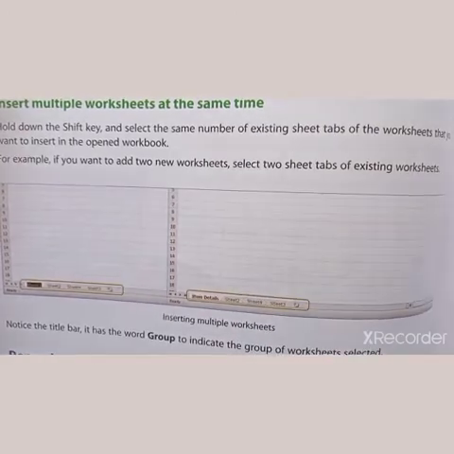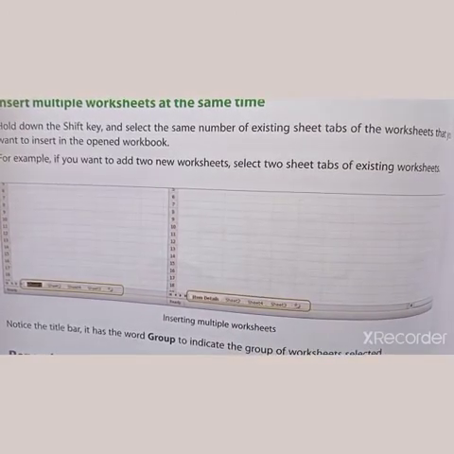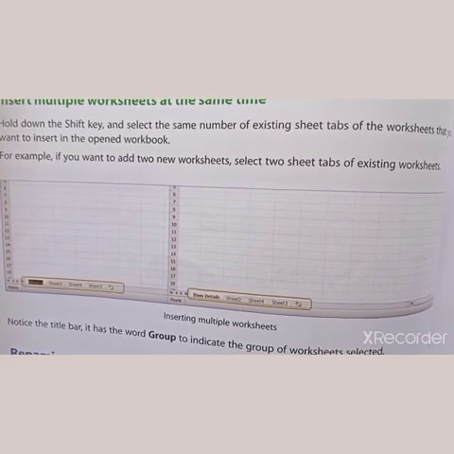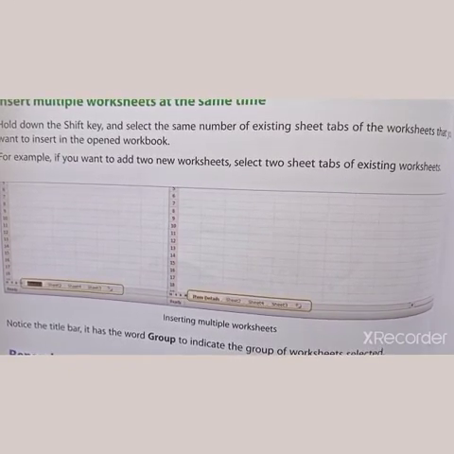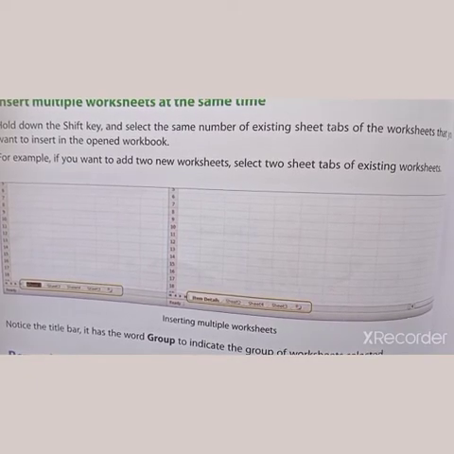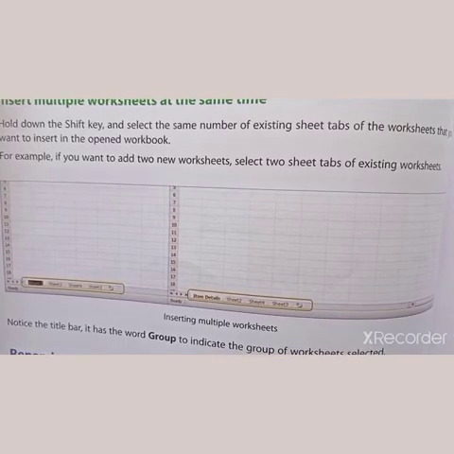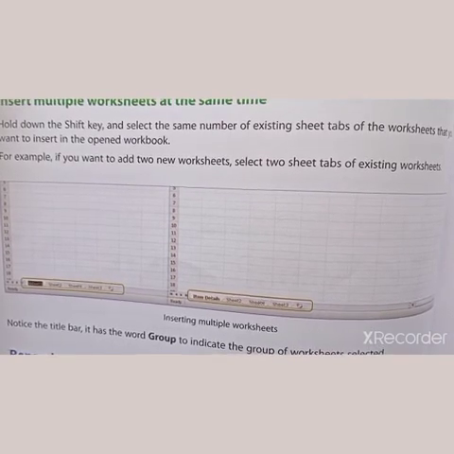For example, you have 2 sheets in your workbook and you want to insert 2 more sheets. From the keyboard press the Shift key and select 2 sheets from your workbook, and you will get 2 more sheets inserted.